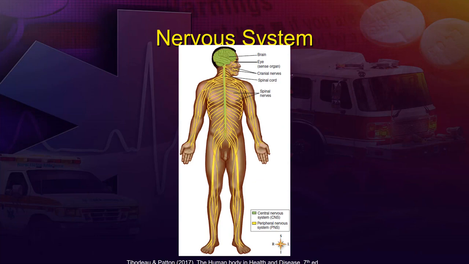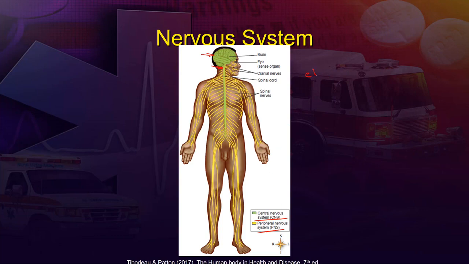The nervous system is going to be broken down into two primary structures. We have the central nervous system and the peripheral nervous system. The central nervous system, as is highlighted here in the green color, is going to involve the brain and the spinal cord. And all other systems, not specifically the brain and spinal cord, although attached to it, will be considered the peripheral nervous system.